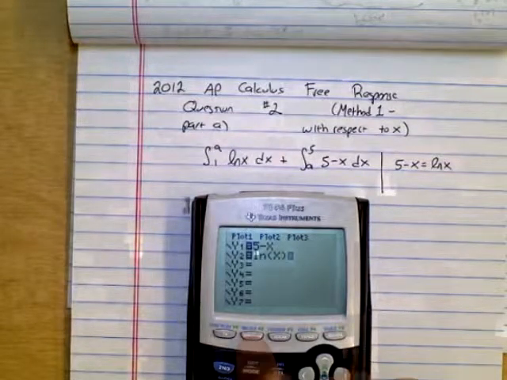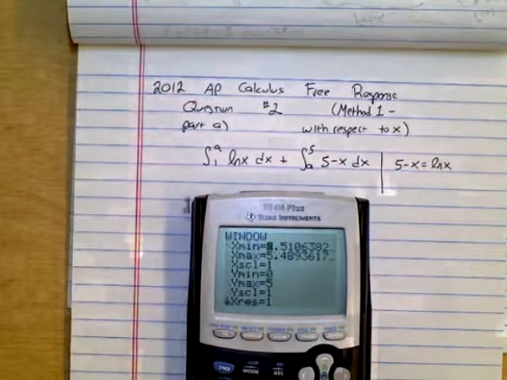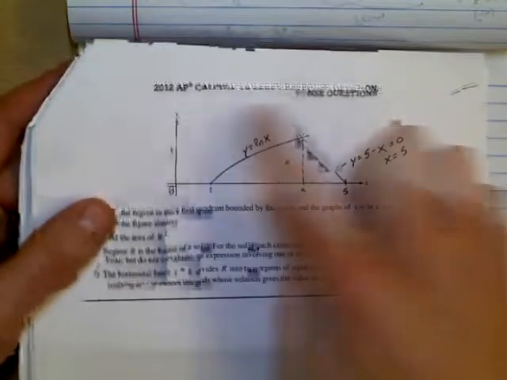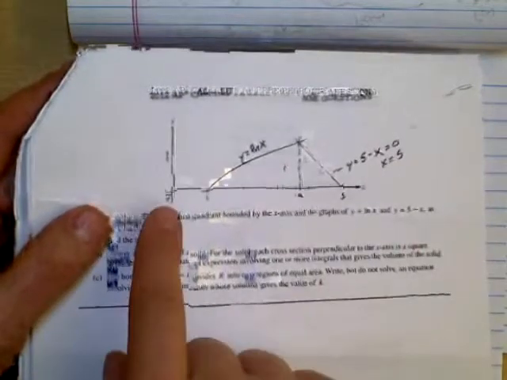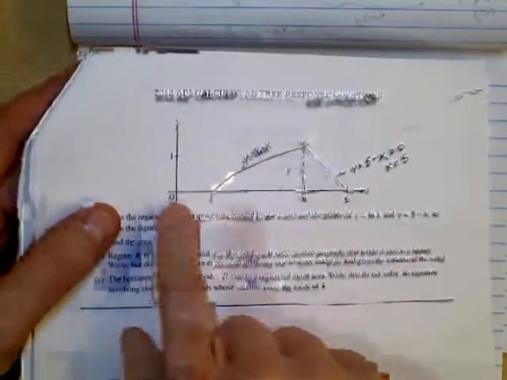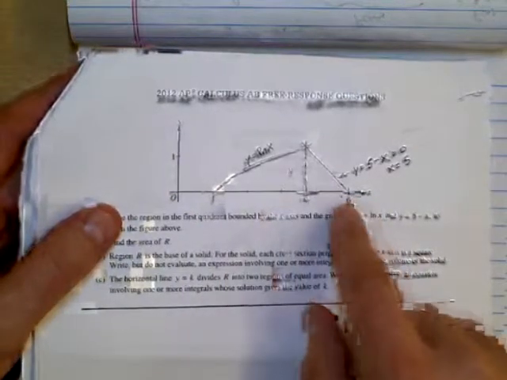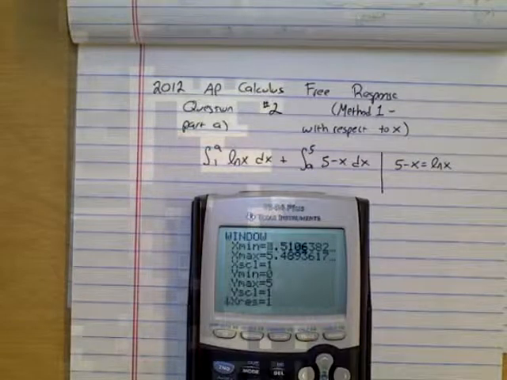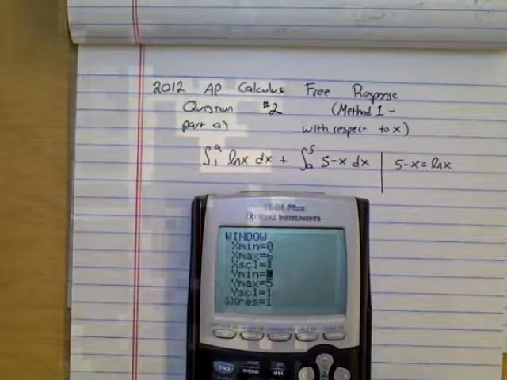Then I'll want to look at how my window is set. And what I should do for my window is set it the same way their graph is, because we know we have a nice graph. We can see that their y goes from about 0 to 2, and their x goes from 0 to, well, 5 would probably be adequate. I'll have it go to 6. So we'll have our x window go from 0 to 6, and our y window go from 0 to 2.